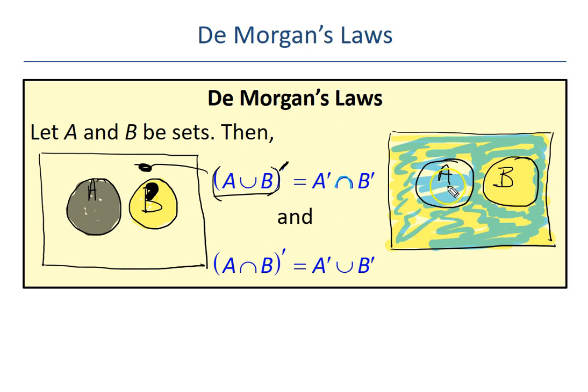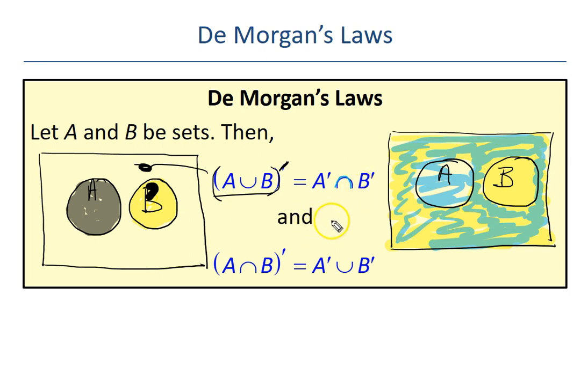So the parts that are not colored both yellow and blue are set A and are set B. So we see then in De Morgan's law that this is true. The complement of the union of A and B is equal to the intersections of the complements of A and the complement of B.